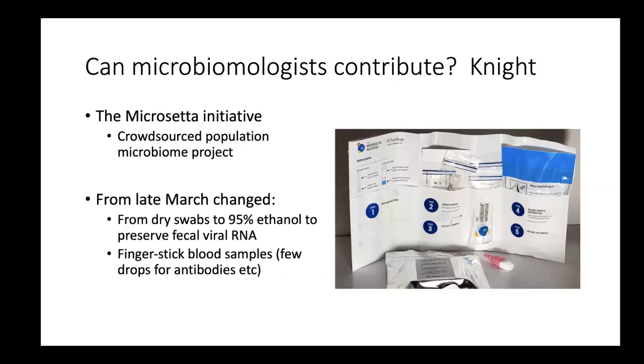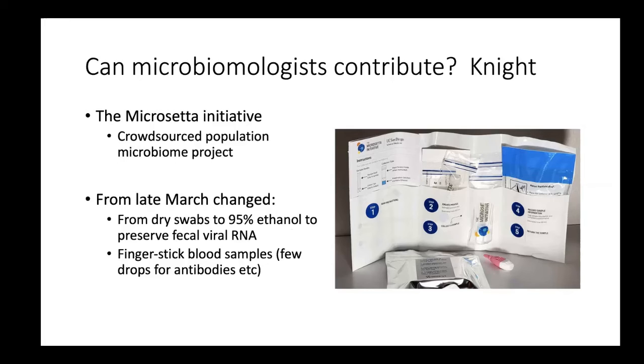But in addition, this goes into a major population data bank. In late March, they very quickly changed their sampling protocol. They went from dry swabs to 95% ethanol, and then they could preserve fecal viral RNA. It's not that good for microbiota, but it's still okay.